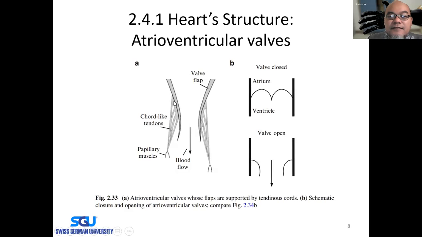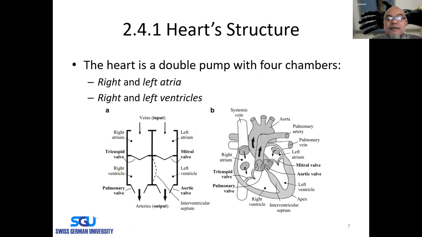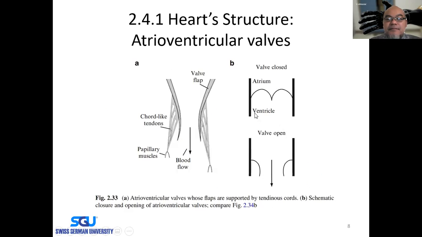This is the valve, and it is connected with cord-like tendons here, and connected to papillary muscles. If you see the structure, blood can flow only downward. Afterwards, it will close. Then blood cannot go in the upward, reverse direction. It has to go to the other valve towards the arteries from the chamber.